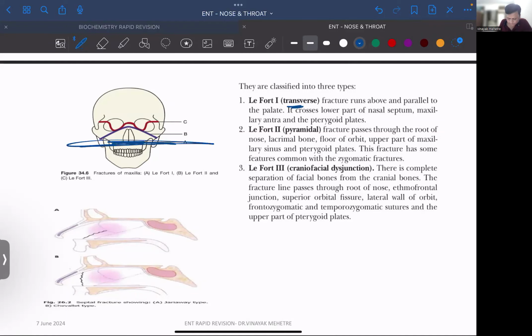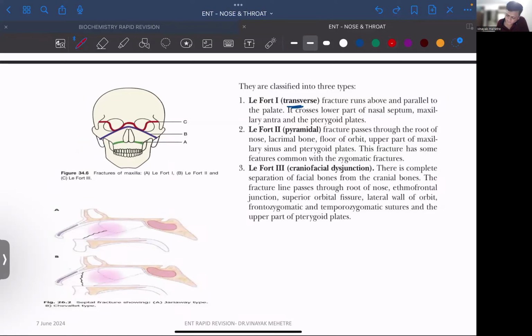Cut is how? Transverse. So Le Fort 1 is T. Pyramidal. How does a pyramid look? Like this, right? Le Fort 2 fracture will be like a pyramid.